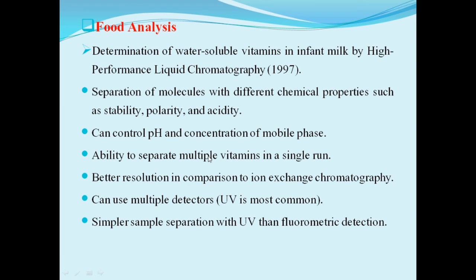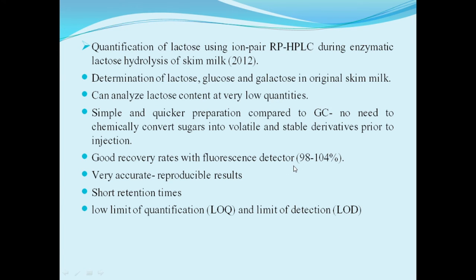Ability to separate multiple vitamins in a single run. Better resolution in comparison to ion exchange chromatography. Can use multiple detectors; UV is most common. Simple sample separation with UV rather than fluorometric detection.